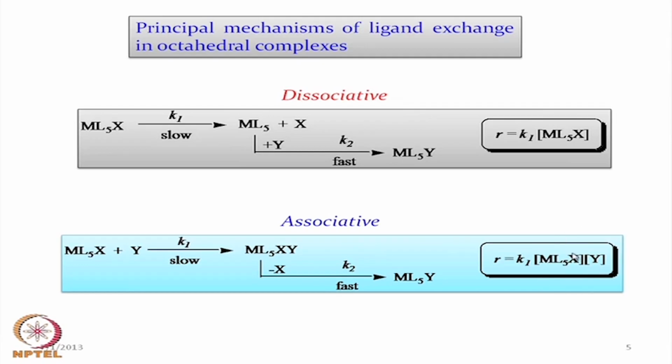When both these two concentrations are involved, we can consider that some kind of associative mechanism is operating, and the second step for the removal of X is very fast. So, it has no contribution.